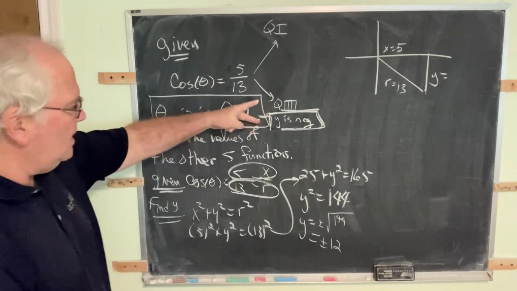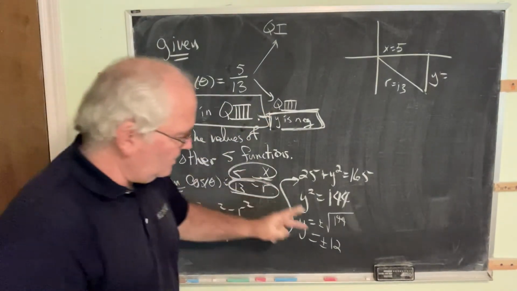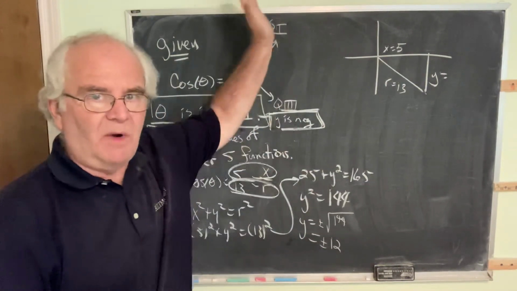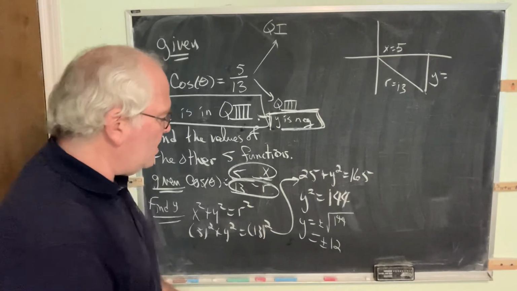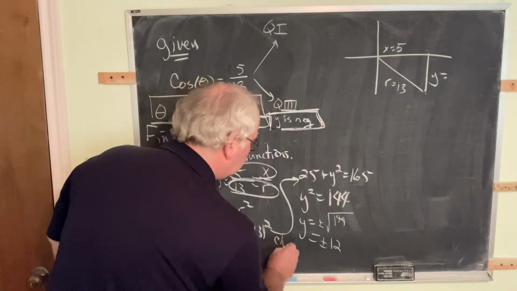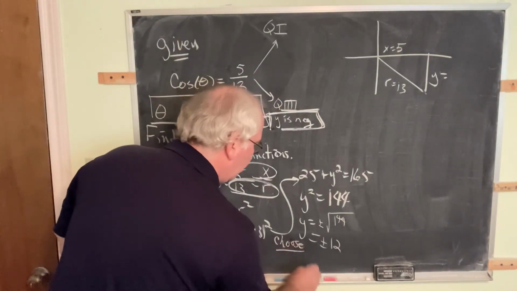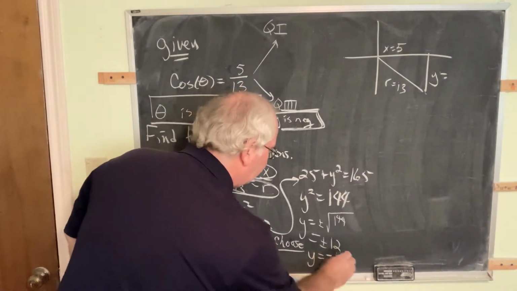That's why we need this information so we can make this choice correctly, so the X, Y, R definitions all fall into place. And so we choose y is equal to negative 12.